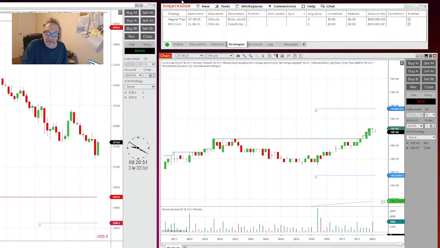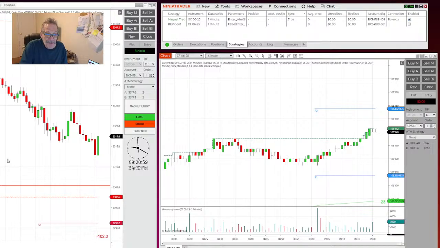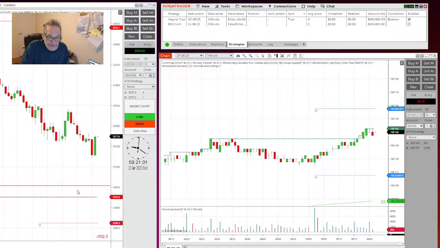Now at the open, gold might make that magnet. It might. So I have a magnet set up here where if gold gets to 33.05 and a little bit higher, it could enter short if I want it to on a magnet. The beauty of the magnet trade is you don't have to take it unless you want to.